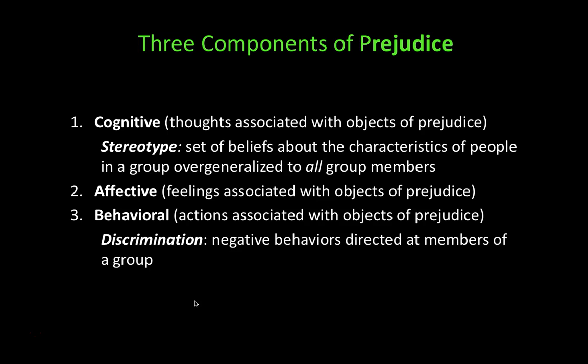We say they're all like that. The affective component has to do with our feelings associated with objects of prejudice, like, dislike, in particular dislike when we're talking about negative prejudices. And the behavioral component, the actions associated with objects of prejudice, is discrimination, as we saw in the previous slide.